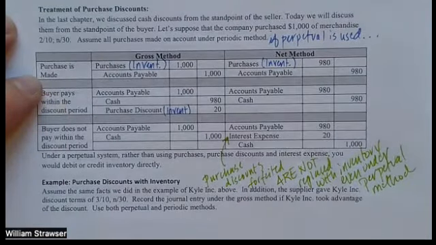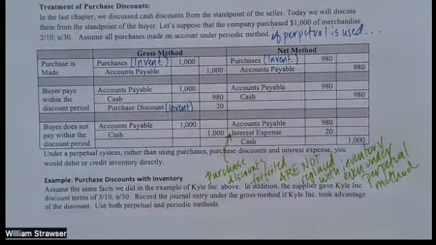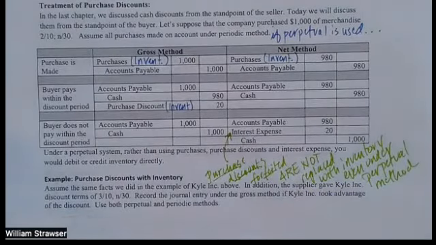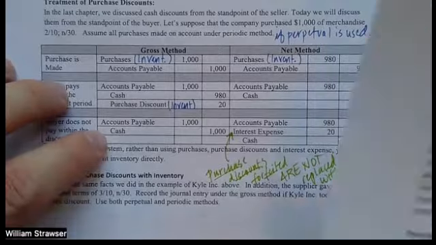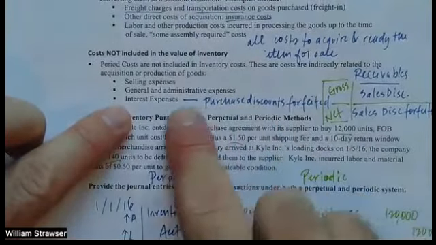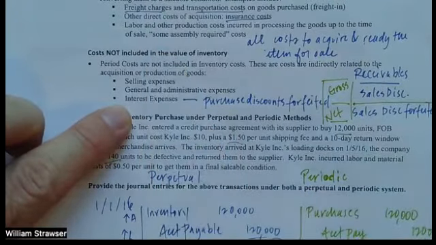And if we did replace interest expense or purchase discounts forfeited, then we would be doing something that I said we do not do, which is including purchase discounts forfeited or interest expense in the value of inventory.